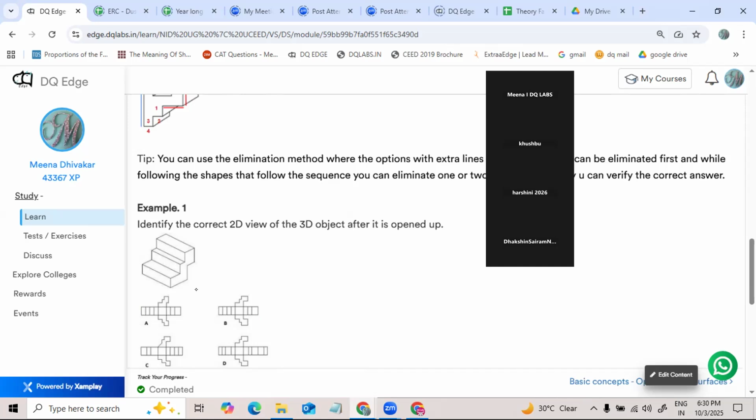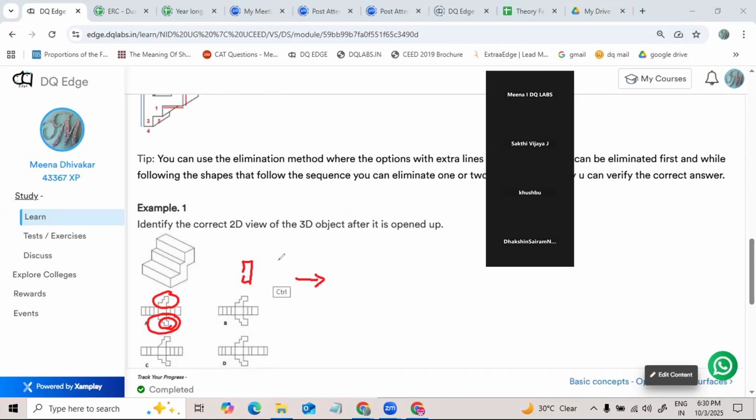You need this much time to find out. Nice, option D. First option, what is the way we need to find? First, it should be side views, right? Go to the side view and check. Is it the same for this first option? It is vertically rectangular over here, but this is not the same.